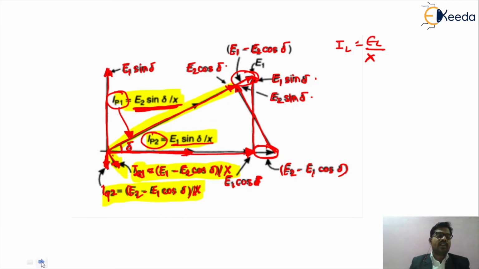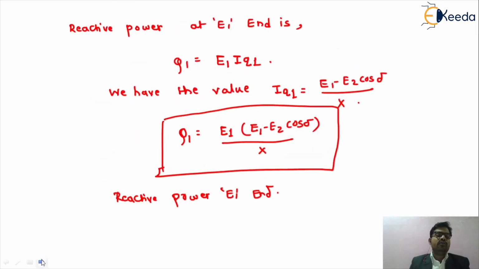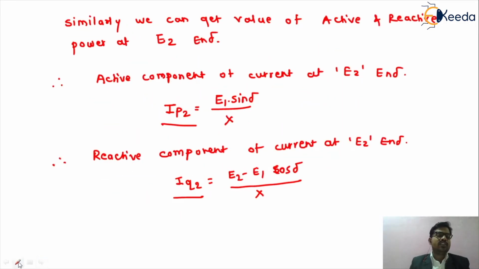So I can write this equation in that particular form. This will be the value of your IP2 for your end E2, that is E1 into sin del divided by X, and IQ2 is E2 minus E1 into cos del divided by X. So this is for your reference.